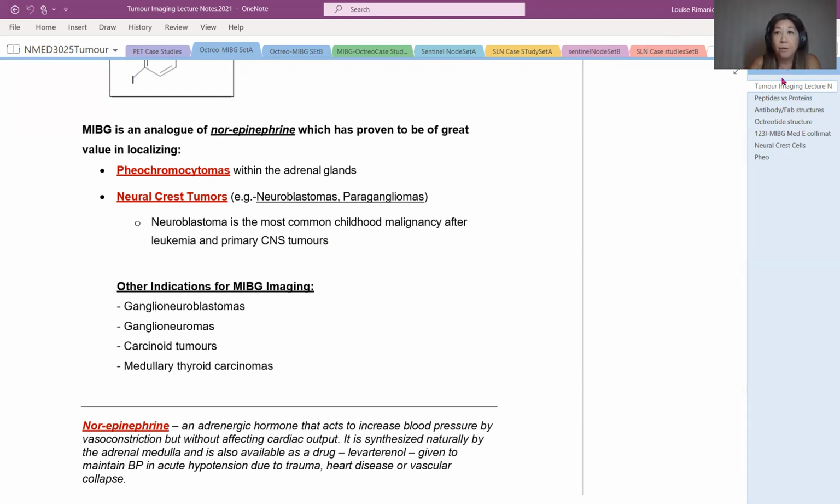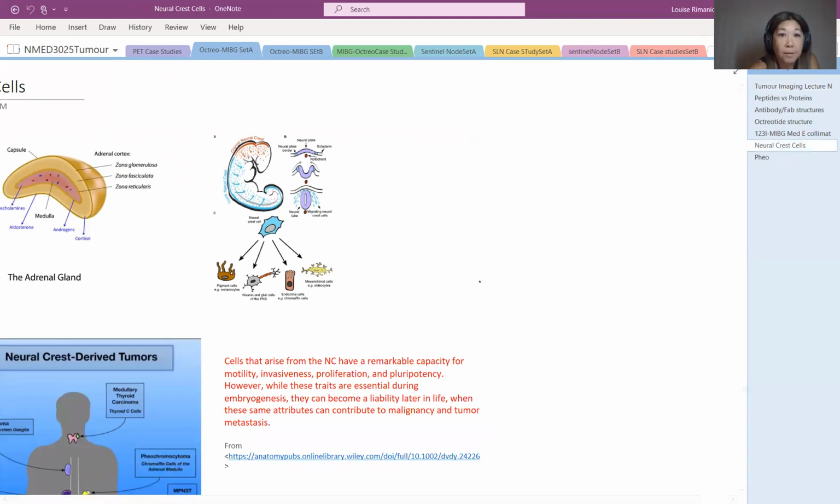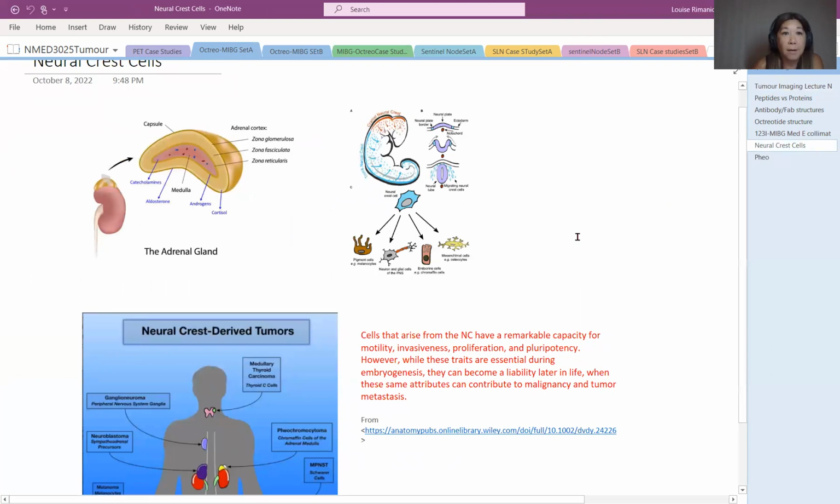So these neural crest tumors, they are derived, as the name implies, from the medulla of the adrenal gland. And these neural crest cells develop, and they sort of transform into a number of different types of cells.